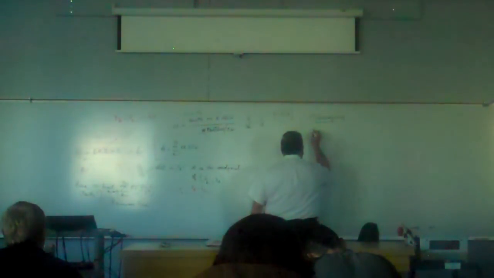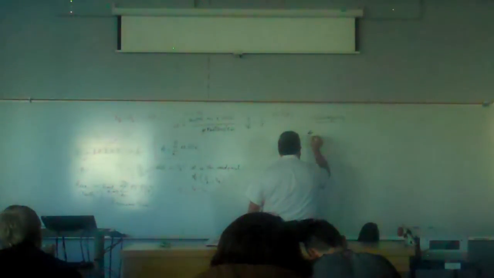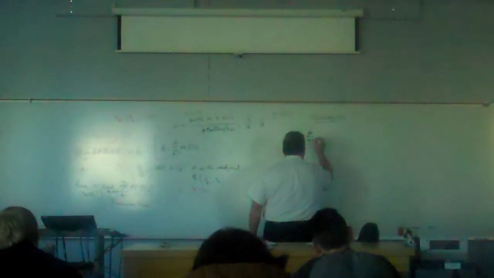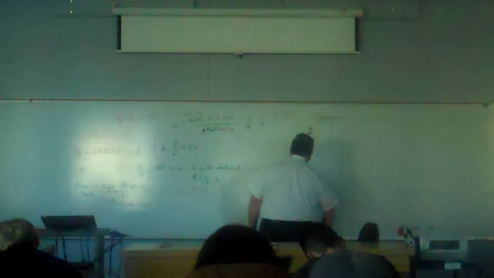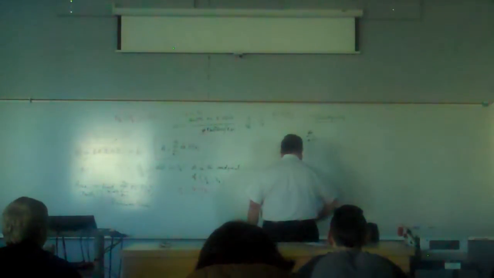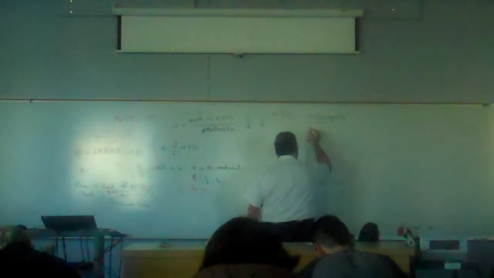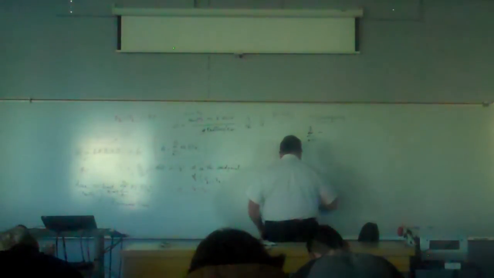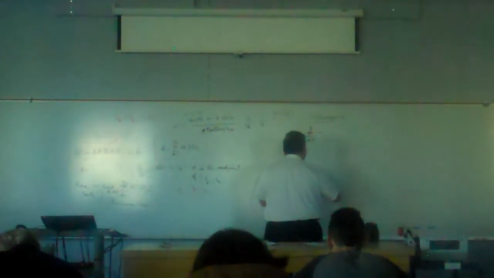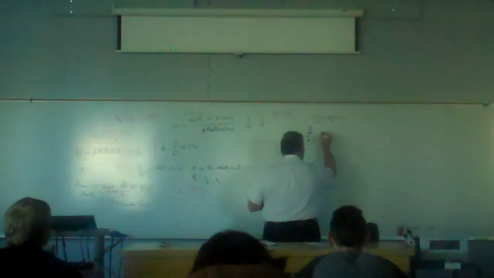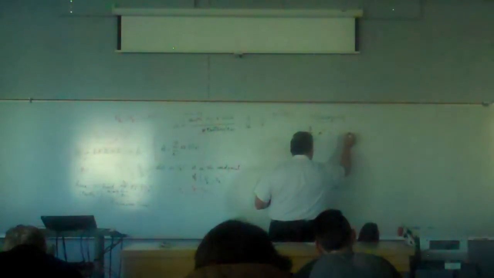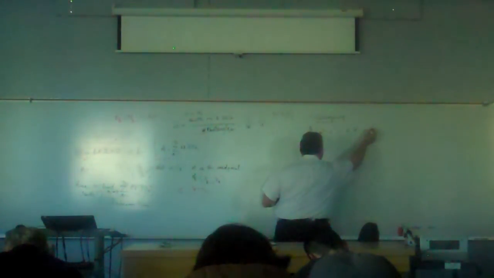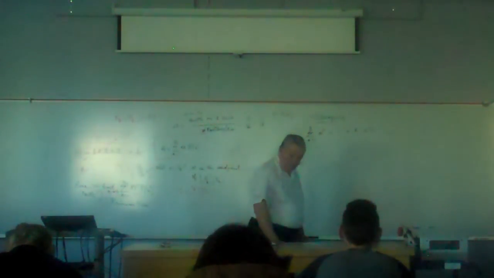If I have the sum of n equal 1 to 3 of n squared, I think that's 1 plus 4 plus 9. Do you think that? Yeah. And I think that's 14.